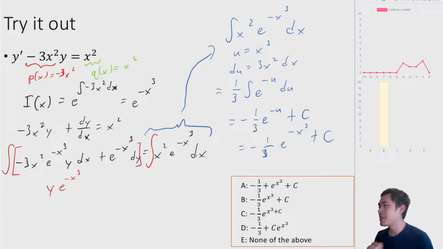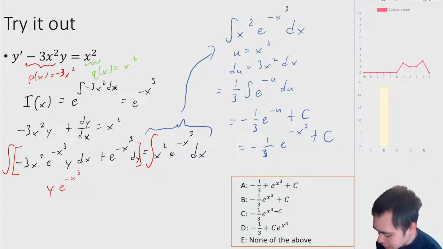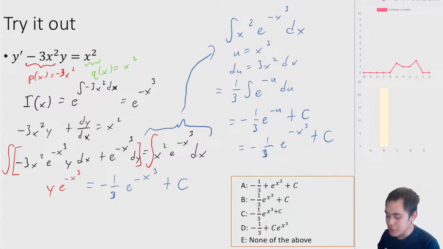But now here is the place where you guys have to be a little bit careful. This thing here is equal to minus 1/3 e to the minus x cubed plus c. If you want to solve for y, we actually need to get y is equal to minus 1/3 plus c times e to the x cubed.